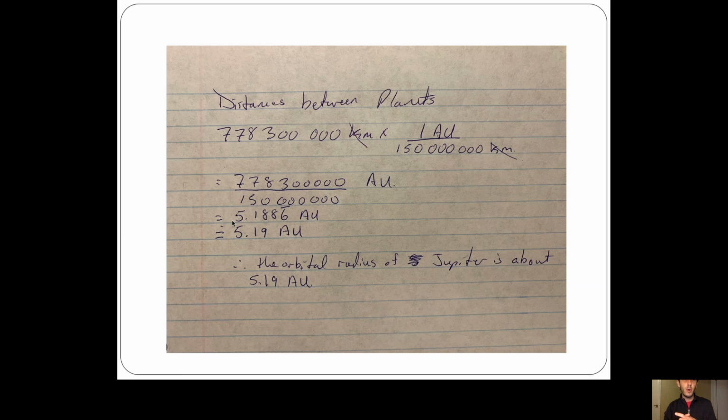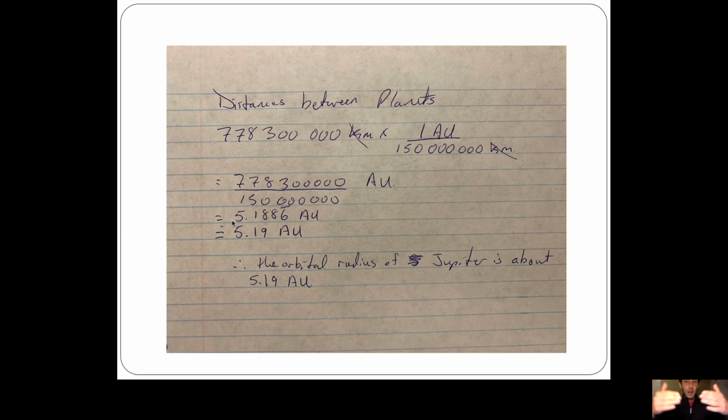I round that to 5.19 AU, 2 decimal places. Why 2 decimal places? Well, I just decided it was 2 decimal places. Maybe you'll learn how to properly round in the summer AP science class, which I'll be teaching online. So you will learn how to round properly, but for now I just arbitrarily decided 2 decimal places. And then I conclude by saying the orbital radius of Jupiter is about 5.19 AU.